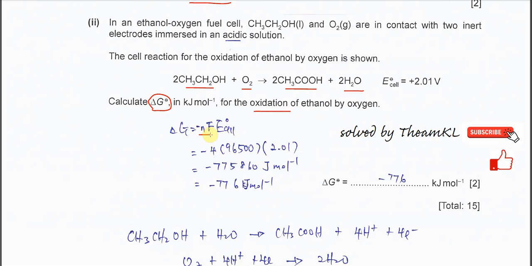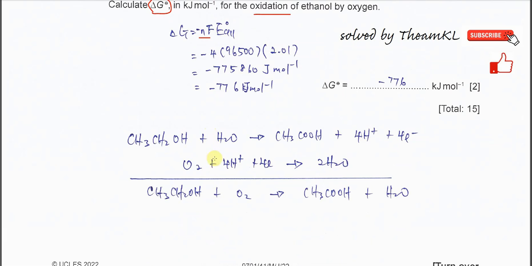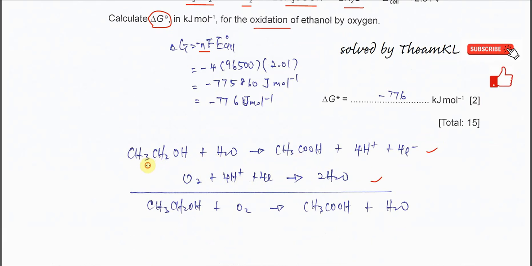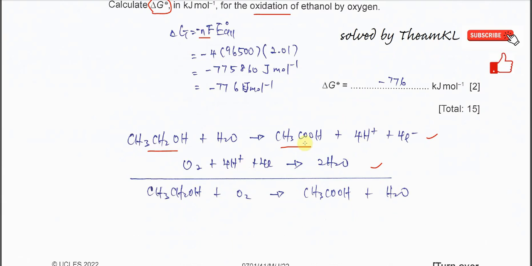So how to get this electron number? No choice, you must get this one done. We know that the ethanol will oxidize to ethanoic acid. After that, we have to balance the equation. So you start with these two. After that, you have to balance oxygen.